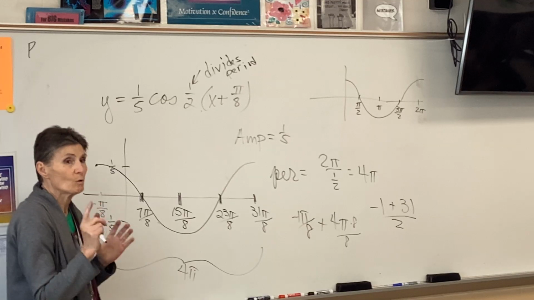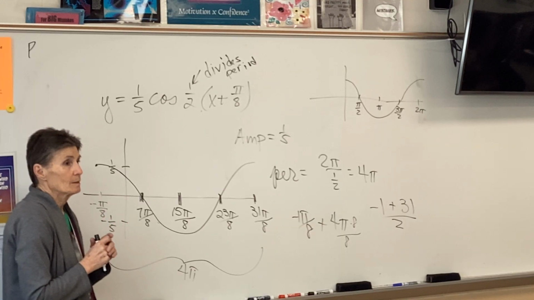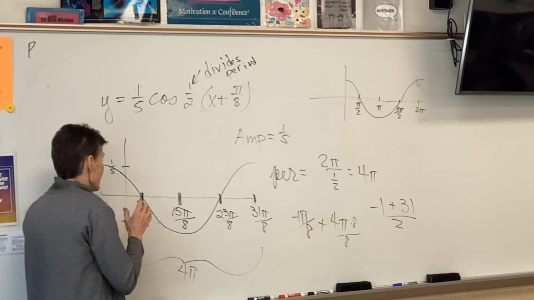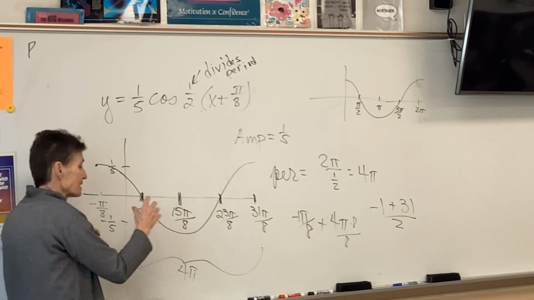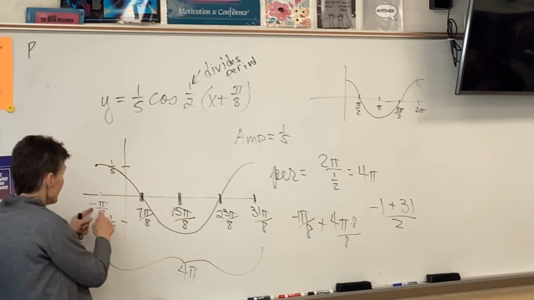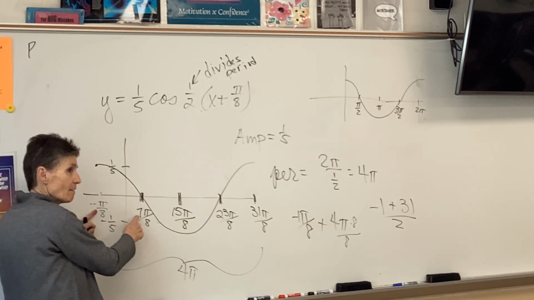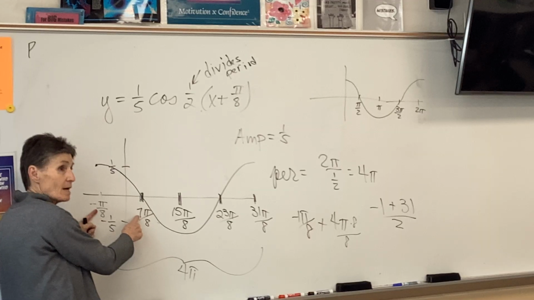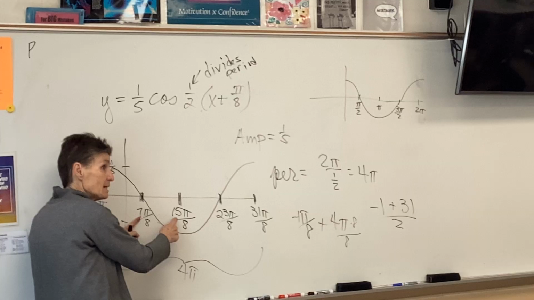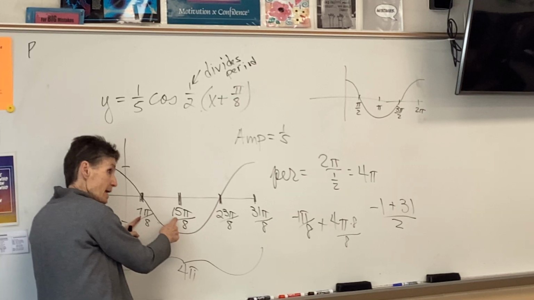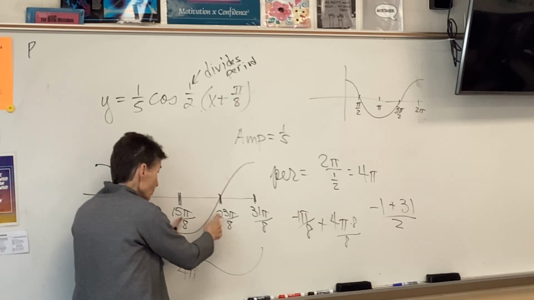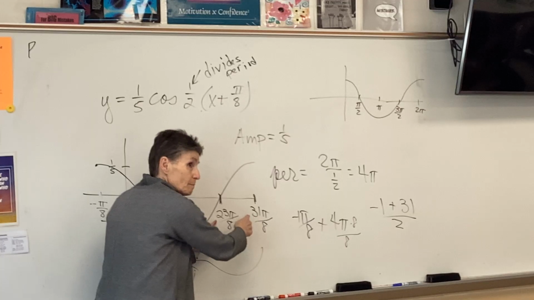Now, I want you to notice something. My graph doesn't make sense because my scale is off, but from -1 to 7 is a distance of 8. From 7 to 15 is a distance of 8. 15 to 23 and 23 to 31.